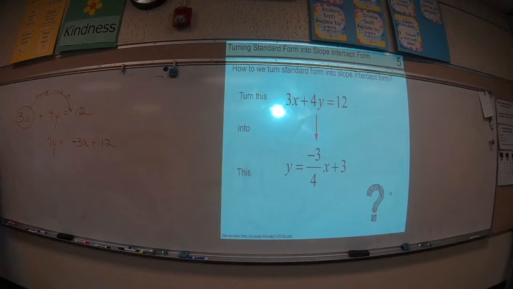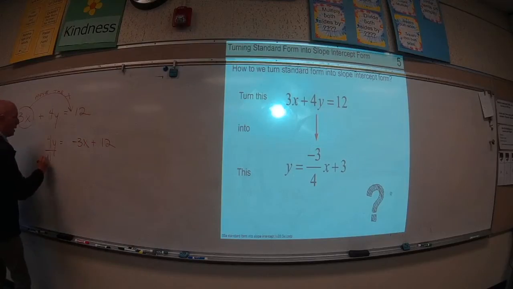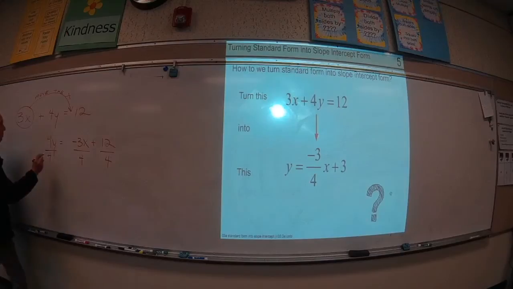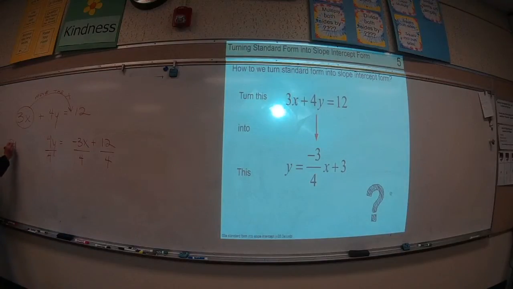I have done the move the x. What is it time for? It's time for the divide by the y. Right here, I'm going to write down divide by y.